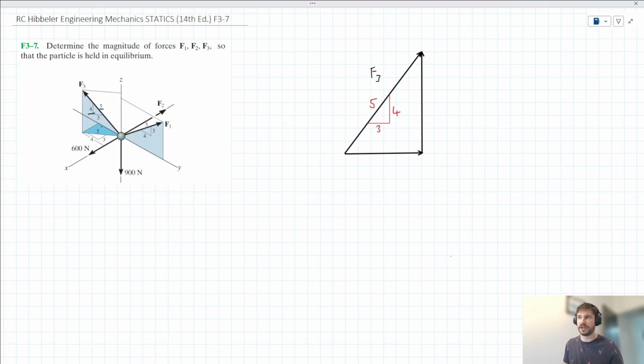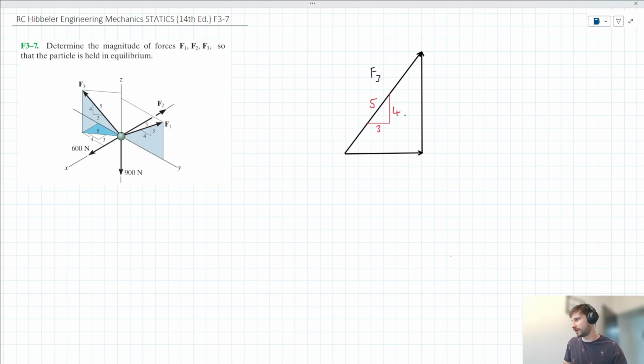The idea being that for every 5 it acts in the direction it's acting, it acts 4 in the Z direction. What is its X component then? Well, unlike with 2D problems before, we can't just say it's 3/5 of F3. That's just not true in this case.